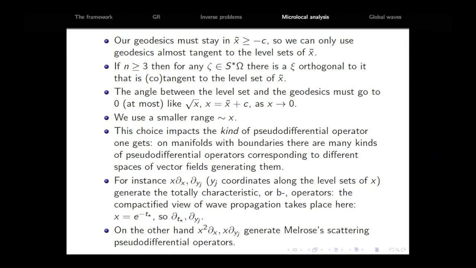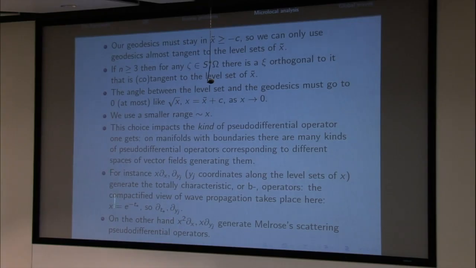I don't think I have time for this, but let me just say these two paragraphs. Here x equals 0 is the artificial boundary. If I just think locally for now, which is not a good idea as I said, you have coordinates where x is the normal variable, x equals 0 is the boundary, x is positive in the interior, and y are coordinates along the boundary or level sets.